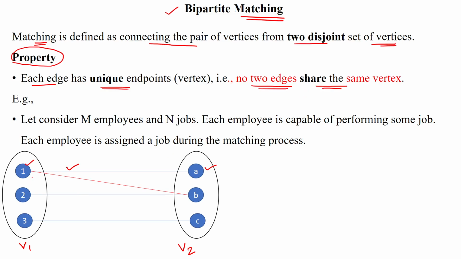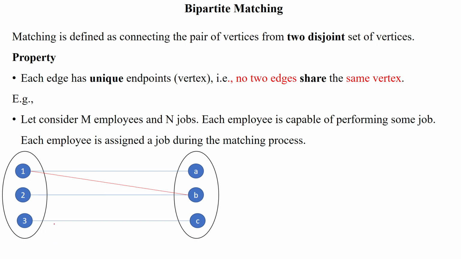You see here, this is a bipartite graph made by establishing connections between two subsets of vertices. Then we have to check whether it is a bipartite matching or not. When checking the property that no two edges share the same vertex, here you see edges number 1, 2, 3, 4. From these, edges 1 and 2 share the vertex 1, so it is not a bipartite matching.